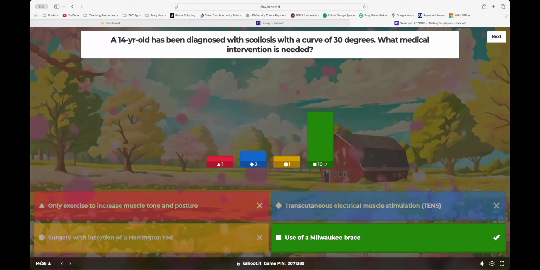Yes, they need to be in that brace other than when they're taking a shower. So the whole purpose is we've got to maintain that alignment in our spine and strengthen those muscles around it so that we can hold that posture ourselves. So we need 23 hours a day to keep that alignment instead of just falling in and out of that alignment.